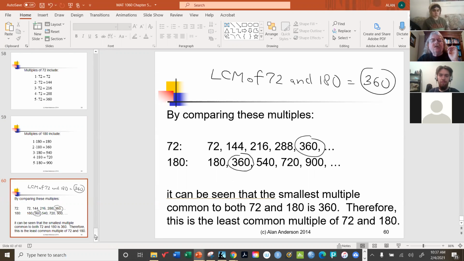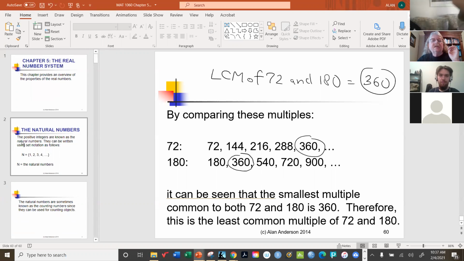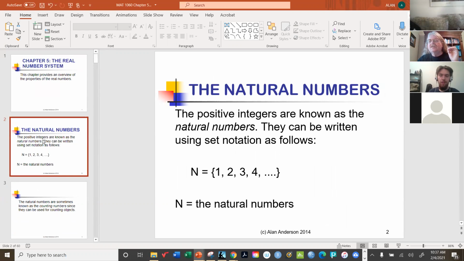Now, if you recall, way back in the beginning, we defined the natural numbers. And of course, the real numbers have many other kinds of numbers as well. In particular, if you notice, we're missing negative numbers, we're missing fractional numbers, and we're missing the 0.